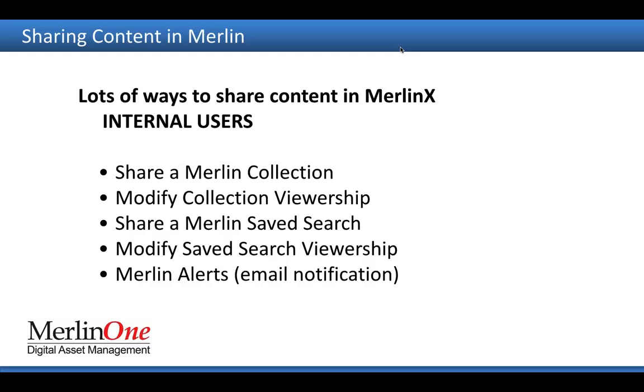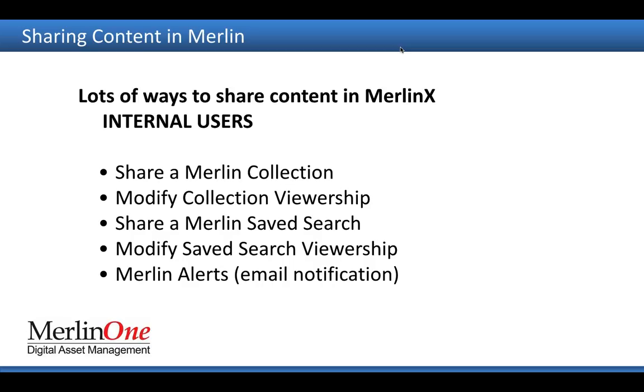Similarly, you can share a saved search in Merlin. So you can set up a saved search and you can actually email somebody a link to that saved search, just like you can a collection, and they can click on the link, and I'll show you how this is done, and it will take you to the search in Merlin. You can also modify the saved search viewership, just like you did with the collection.